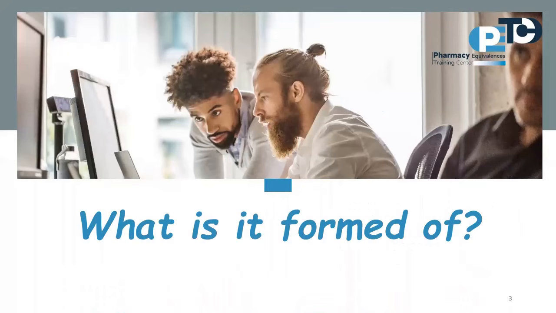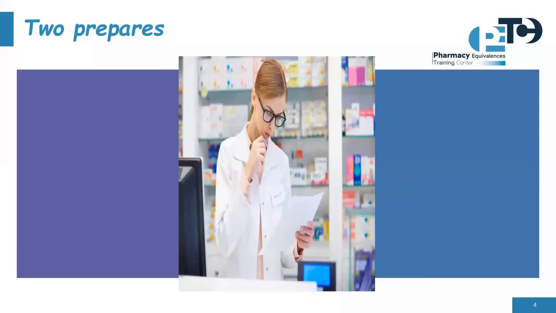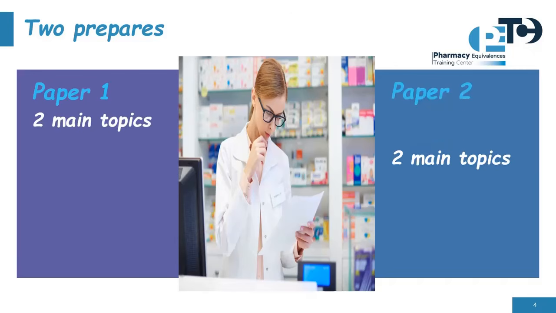What is it formed of? We should know the exam itself very well to know how to study and prepare well. The KAPS exam is formed of 2 papers, each paper having 100 questions. Paper 1 has 2 main topics, and paper 2 also has 2 main topics.